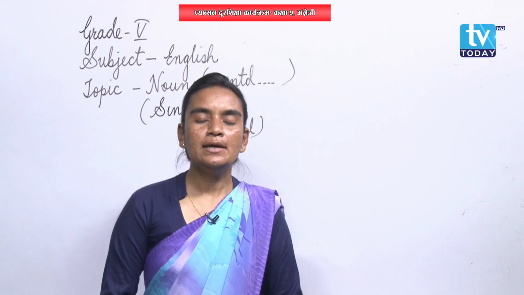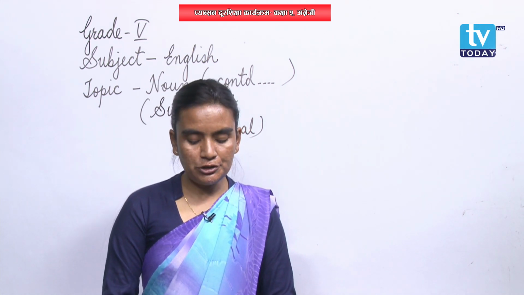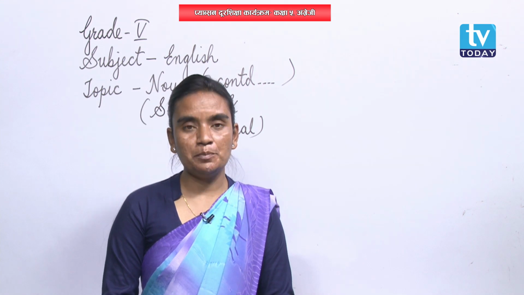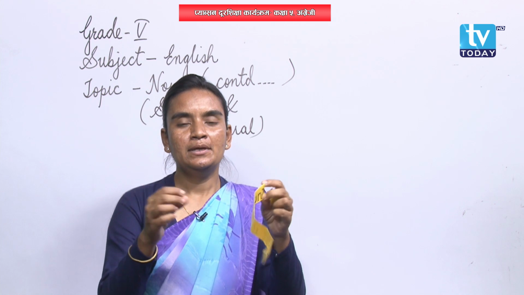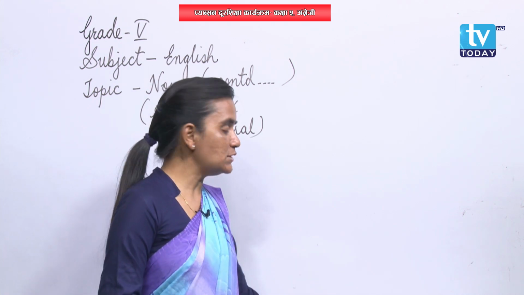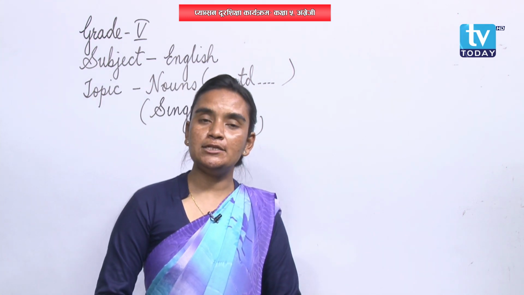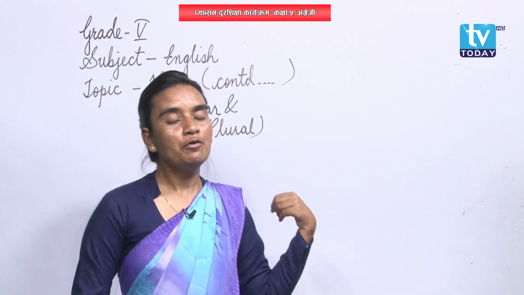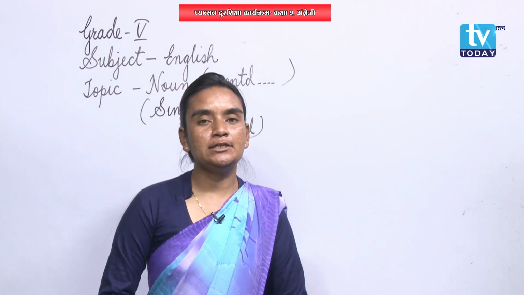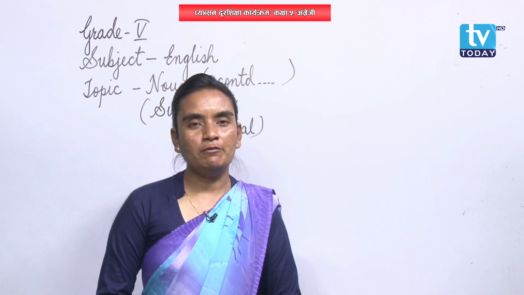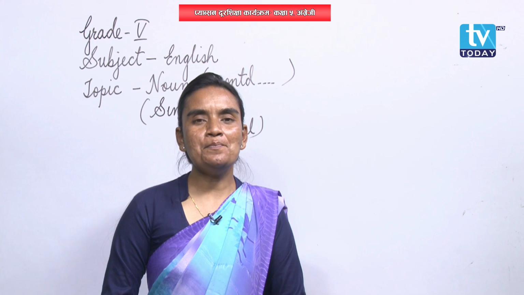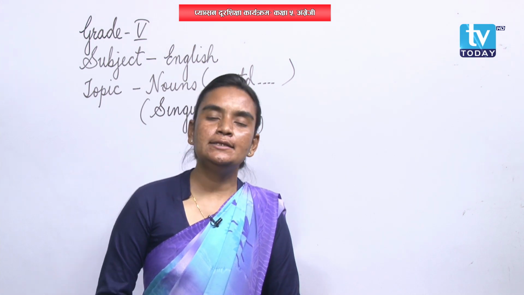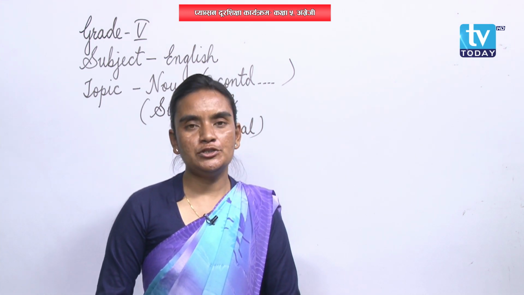So, dear children, now we have one more question in this question ball. It's called, what is noun? Can you tell me? That was the title of our last lesson, and today we also have a similar title. What is noun? Noun is the naming word. Simply, if we have to define, it's naming words.